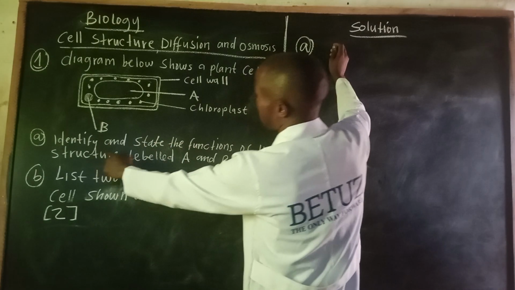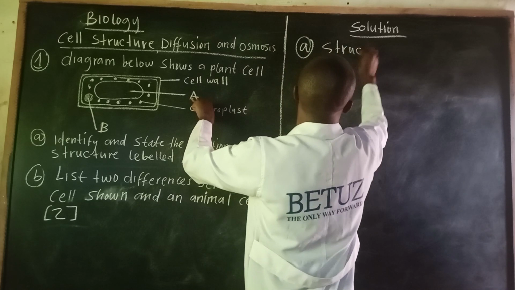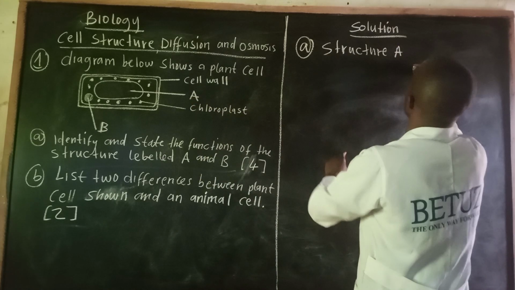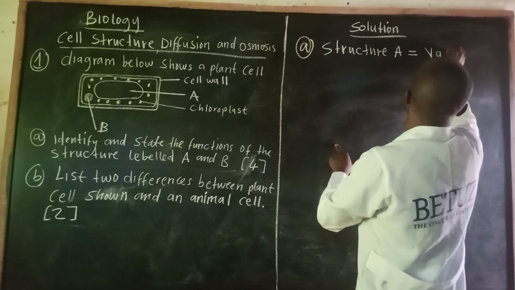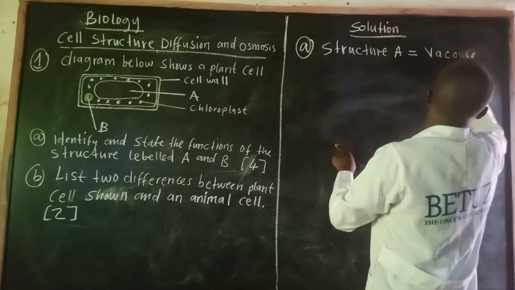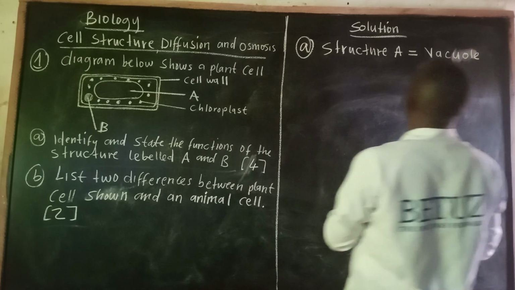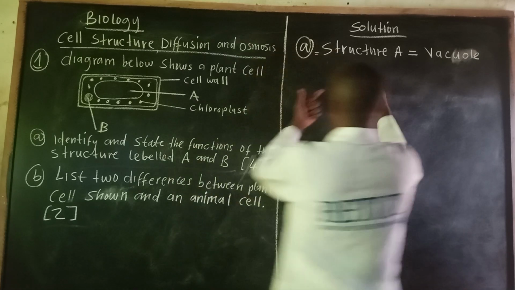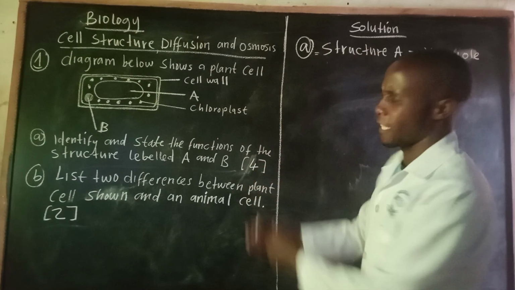So I was saying, labeled structure A. Structure A is vacuole. The spelling for vacuole is this one, vacuole. That is structure A. Then structure B, first of all, let me come to the function, since they are saying identify and state the function.